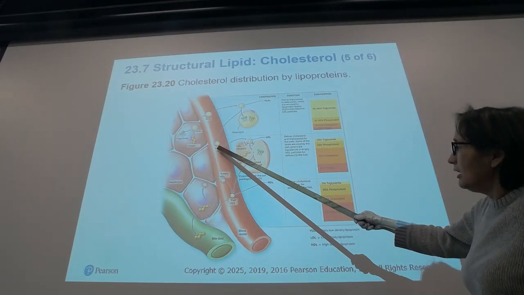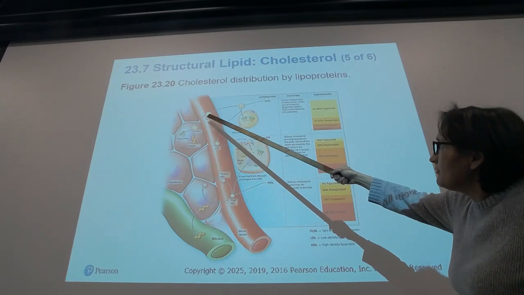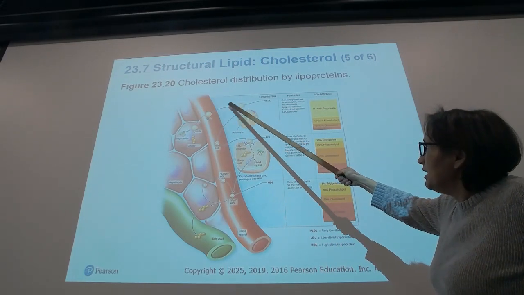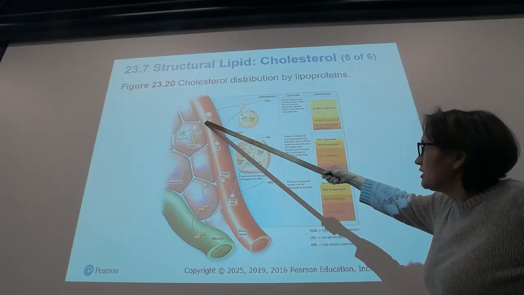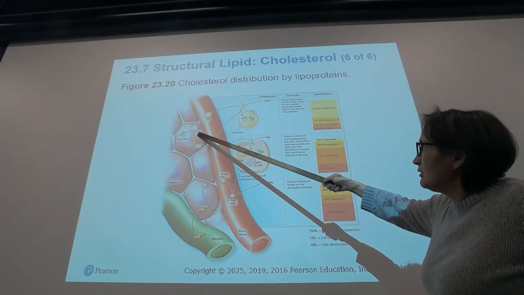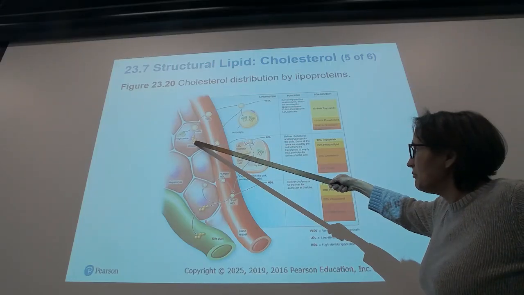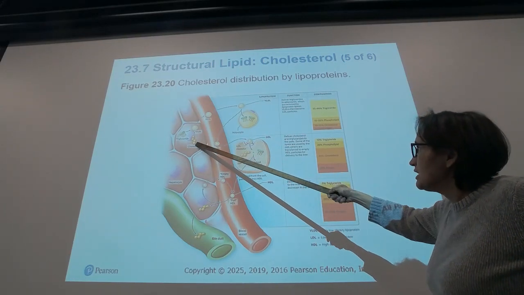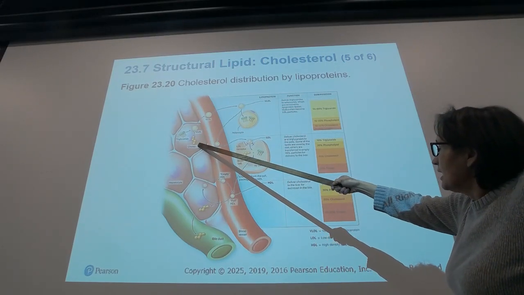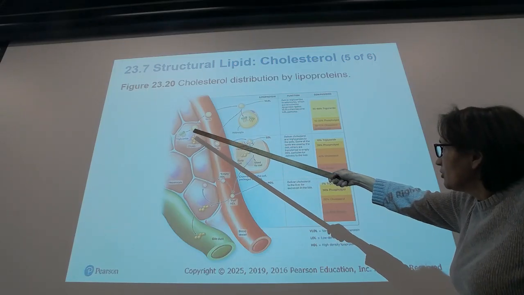Now, the LDLs come from the recycling of the very low density lipoproteins, or VLDL. The VLDL is produced here in this packing in the hepatocyte by combining triglycerides with these cholesterol molecules.